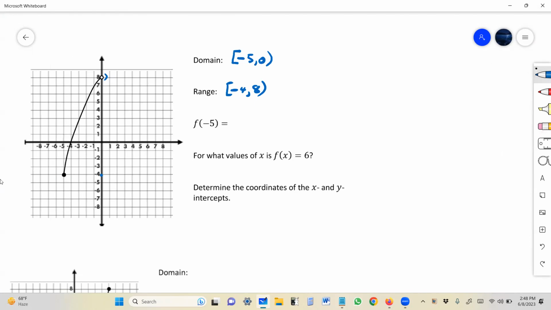Now let's see if we find f of -5. So you go to -5 for the x, which is right here. Go where the graph of the function is and pick out the y coordinate, which is -4. Okay.